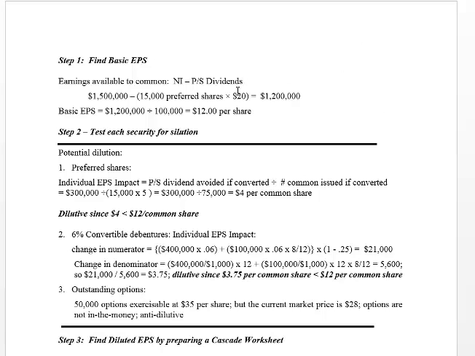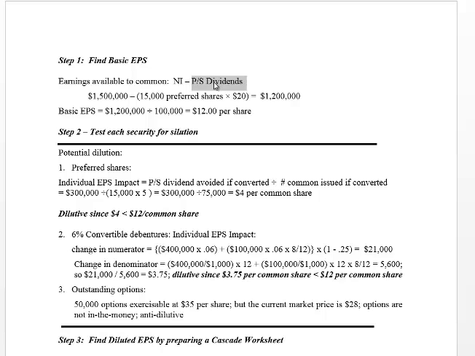It's 1.5 million. Now we would deduct from that, to find the numerator in our basic EPS, any preferred share dividends owing to preferred shareholders. Now we would only be looking for preferred share dividends that we would calculate for the current year. So by definition it doesn't include arrearages if the preferred shares are cumulative. Now if you look at our question, we know that our preferred shares are cumulative and we have 15,000 of them outstanding.